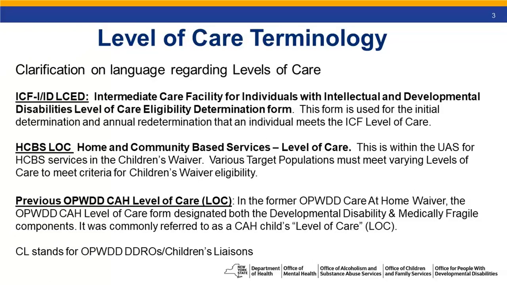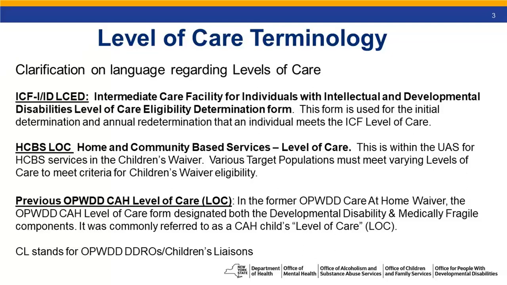So the first is ICF-IID LCED, because we like initials and acronyms. This means Intermediate Care Facility for Individuals with Intellectual and Developmental Disabilities Level of Care Eligibility Determination Form.